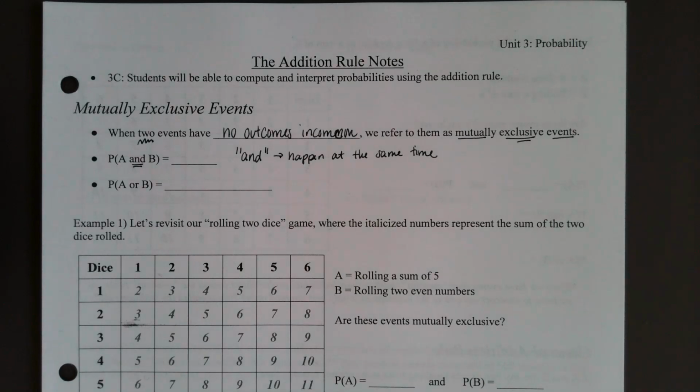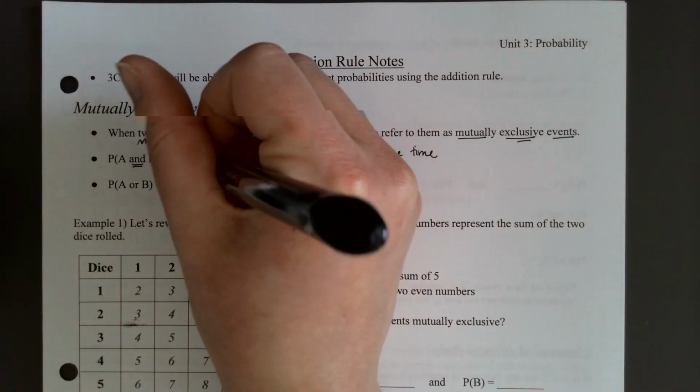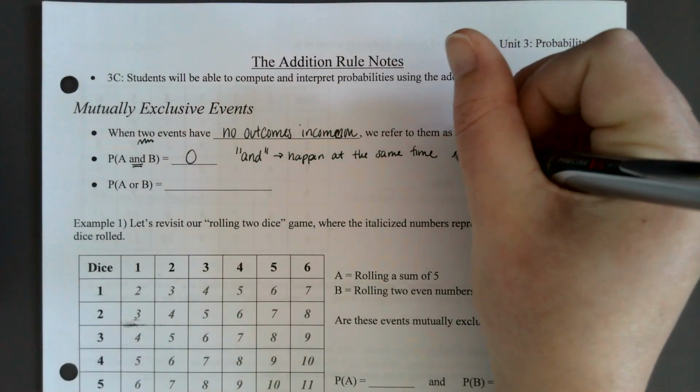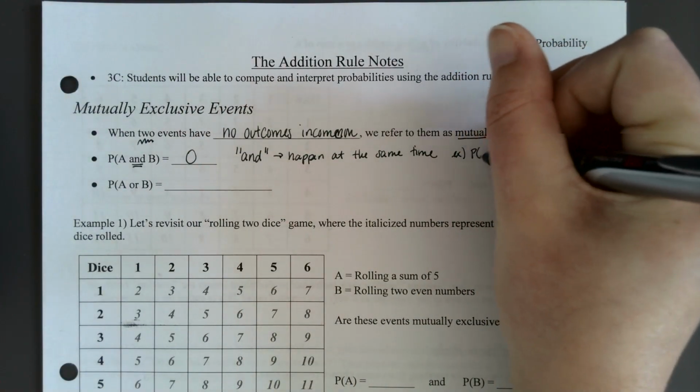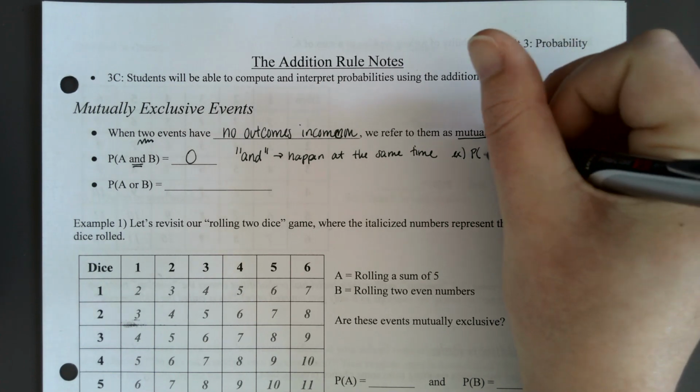So if we have two events happening at the same time and they're mutually exclusive, the probability of both of them happening at the same time is going to be 0.